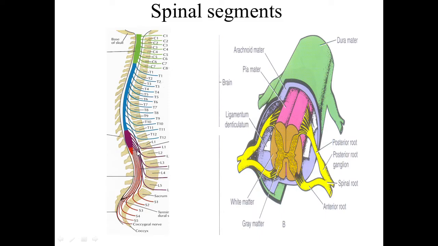So the caudal nerves pass below the conus medullaris, and this bunch of spinal nerves below the conus medullaris is called the cauda equina.